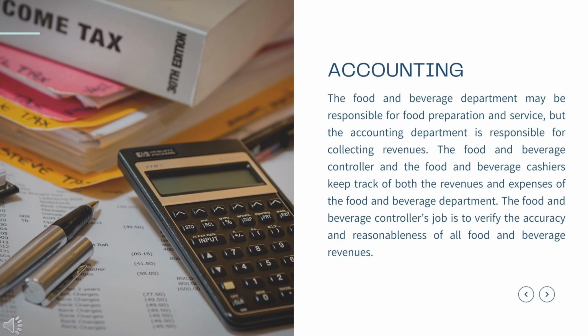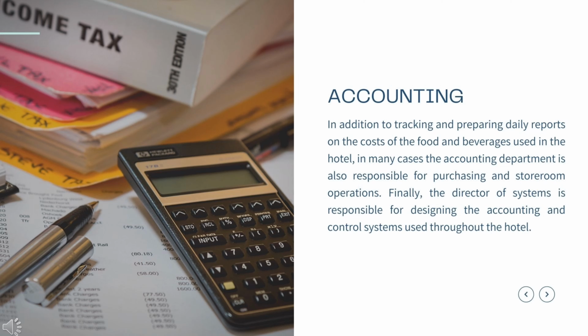In addition to tracking and preparing daily reports on the cost of food and beverage used in the hotel, in many cases, the accounting department is also responsible for purchasing and storeroom operations. Finally, the director of systems is responsible for designing the accounting and control systems used throughout the hotel.